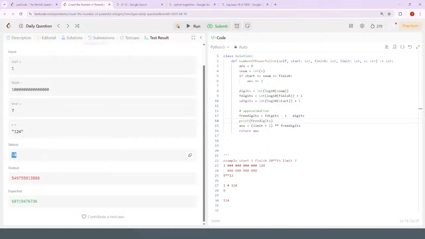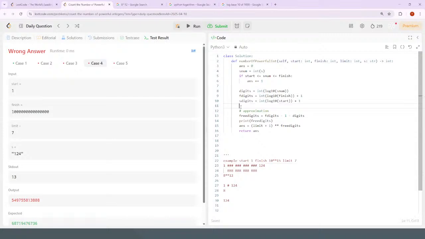So this thing came out with 13, but I think I expected it to be 12. But then this number is actually smaller than expected. It should be 8 to the power of 12. 3 digits. The number of F digits was, oh shucks.